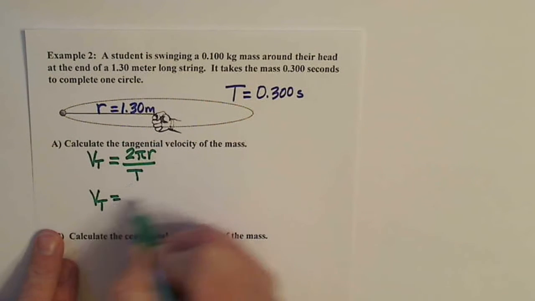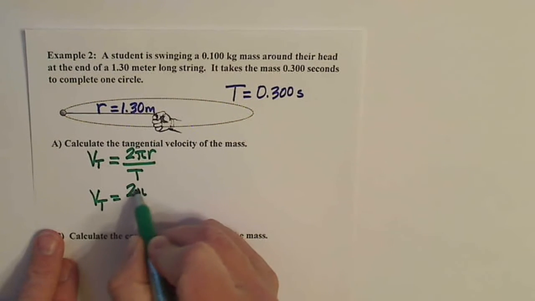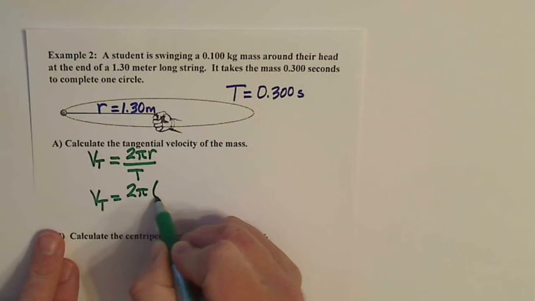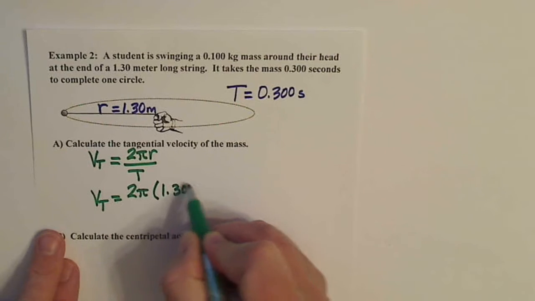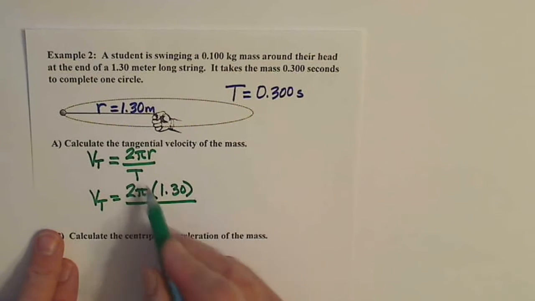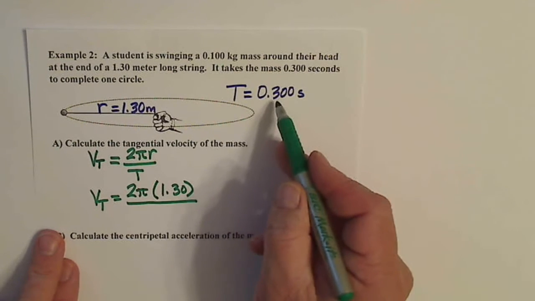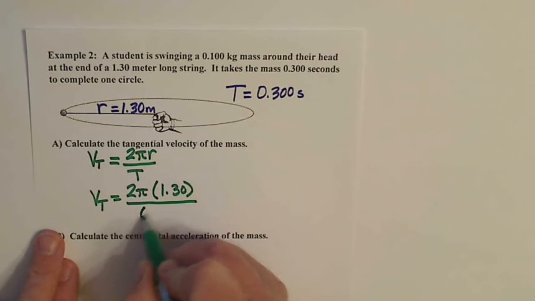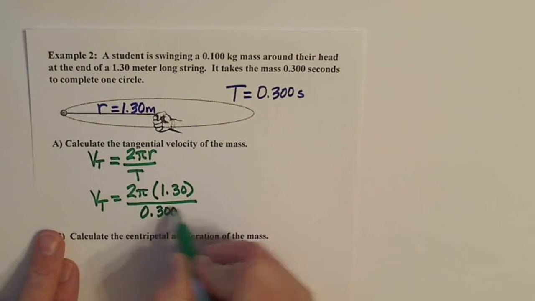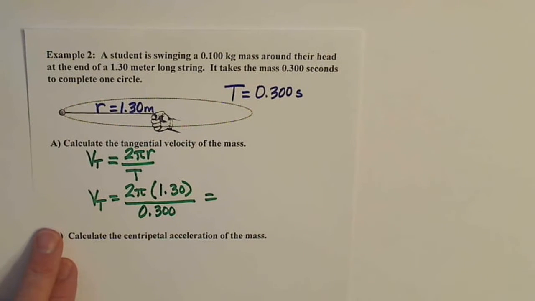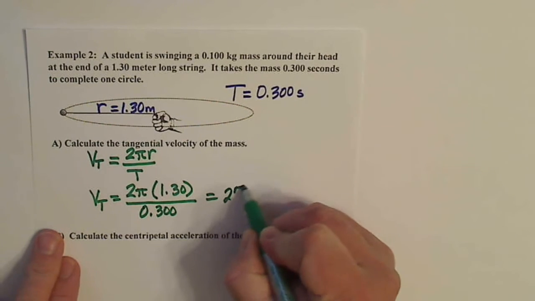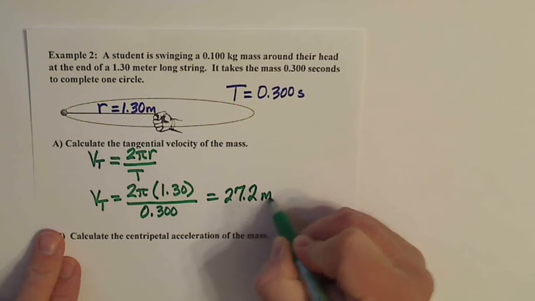Tangential velocity is 2 times pi times the radius, which we said is 1.30, all divided by the period, which is 0.300. Now, if you multiply that all the way across, I got 27.2 meters per second.